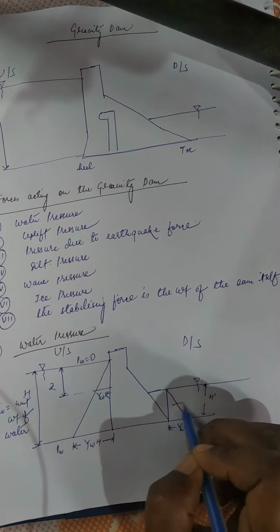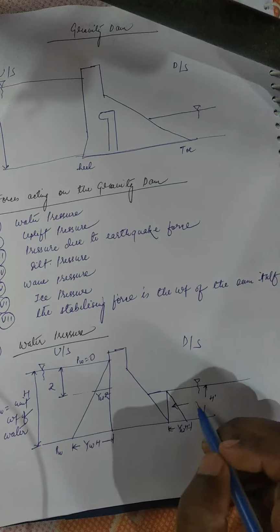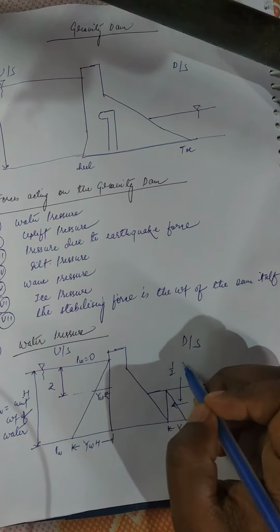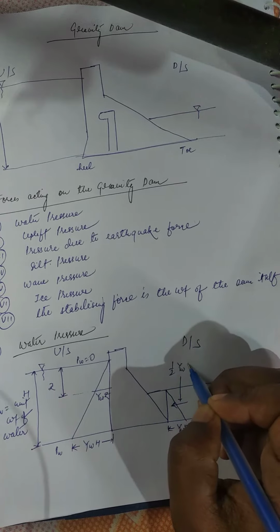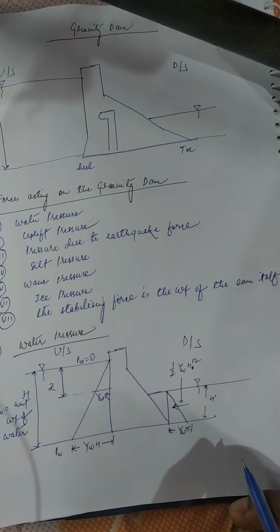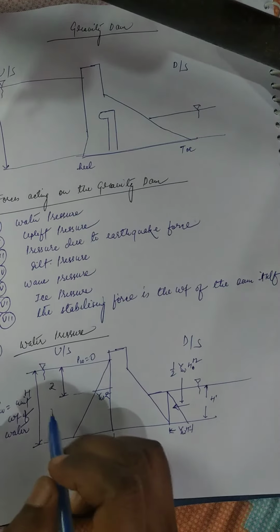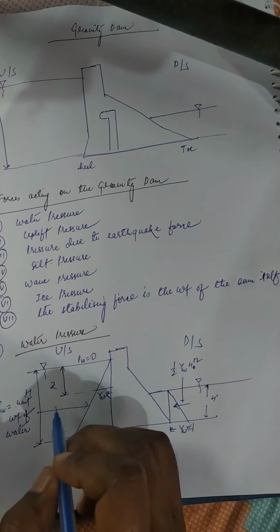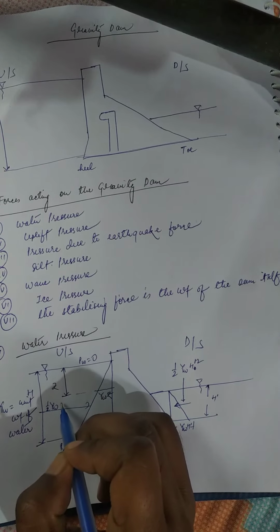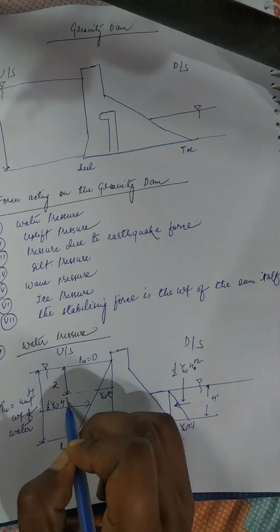This will act in the horizontal direction. The intensity will be half into gamma W into H dash square, and here the pressure intensity will be half into gamma W into H square.